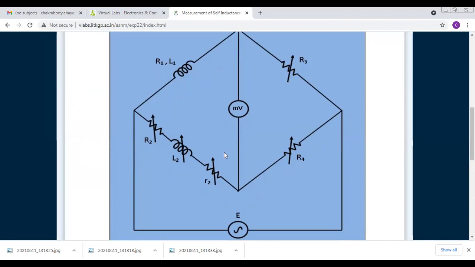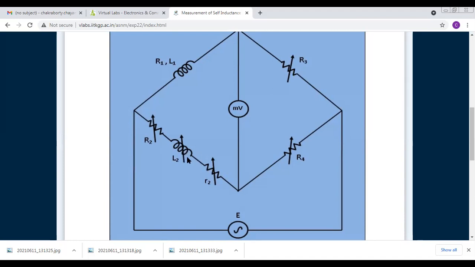Look, this R1 and L1 are the unknown, and we can change only these arms by varying the resistance R3, R4, and the self inductance L2, and this is the small resistance r2 of the coil.